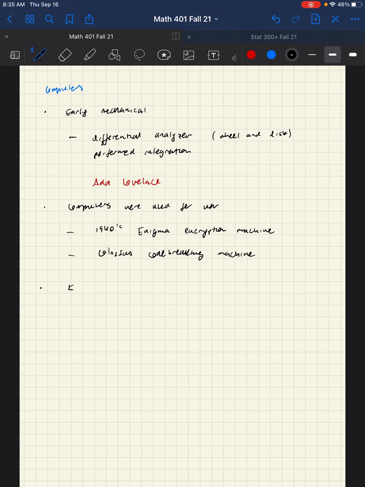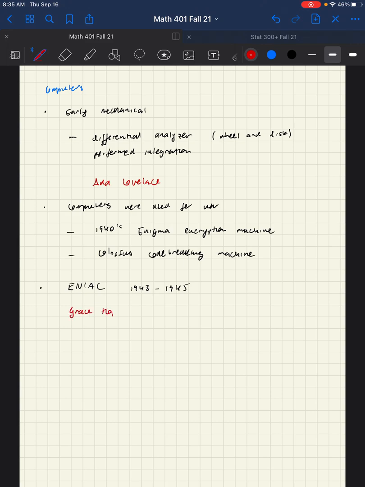Other things that came out from this were, for instance, what's called ENIAC, the Electronic Numerical Integrator and Computer. From 1943 roughly to 1945, this was developed.